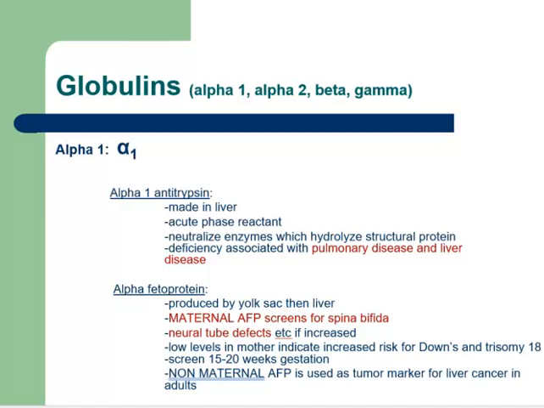Low levels in the mother could indicate increased risk for Down's syndrome or trisomy 18, which causes developmental delays in children. This is where you have an extra chromosome 18, so you have 3 instead of the normal 2. We also have a non-maternal reason to test for alpha-fetoprotein. It's used as a tumor marker for cancer patients, so we can test adults for alpha-fetoprotein.